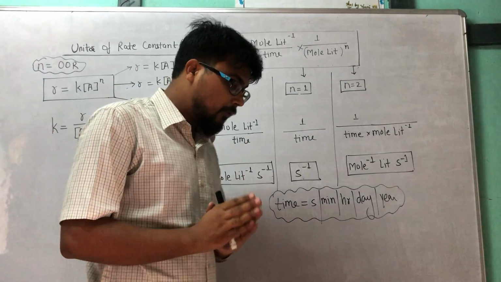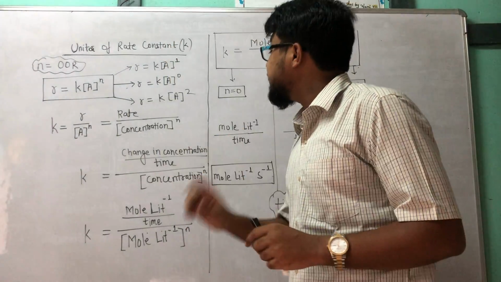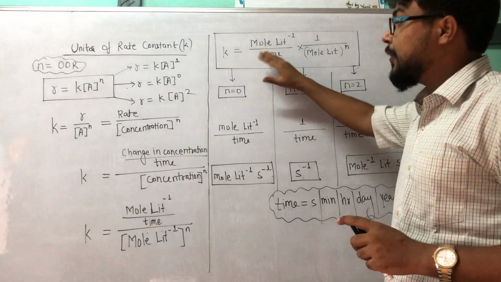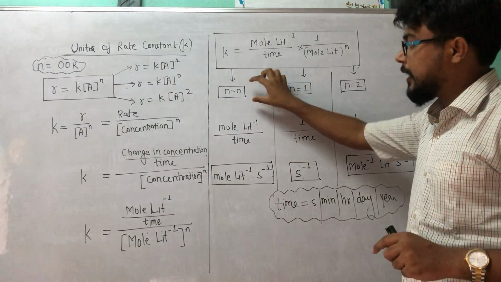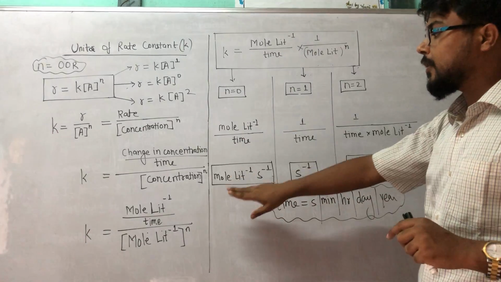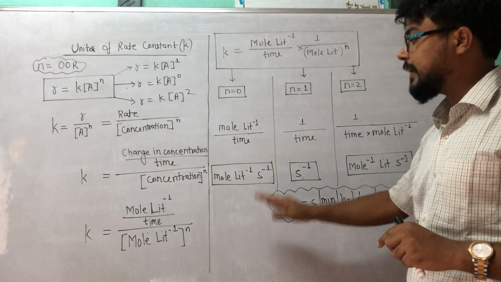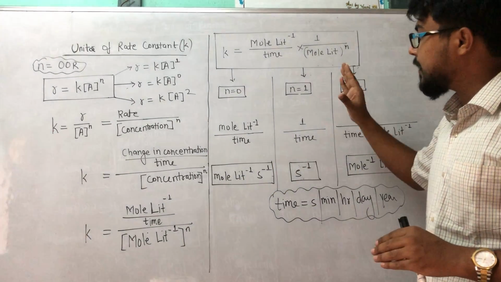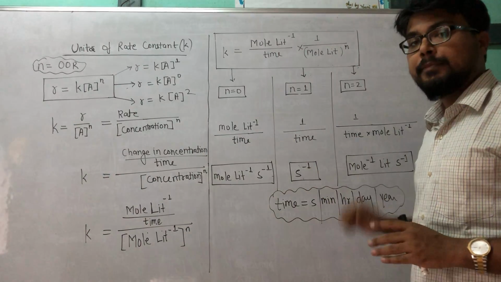So it's all about units of rate constant. Just remember this formula. If order equals 0, the unit will be mole per liter per second. If order equals 1, the unit will be second inverse.